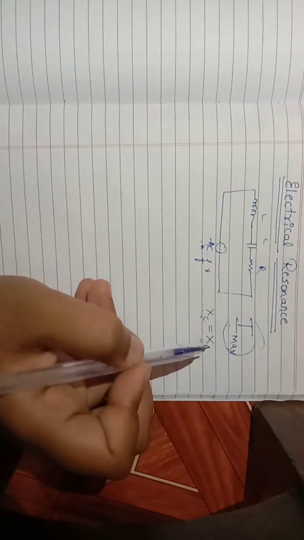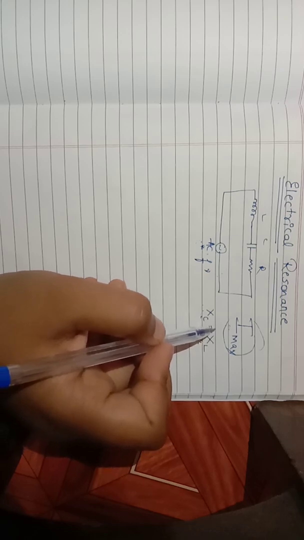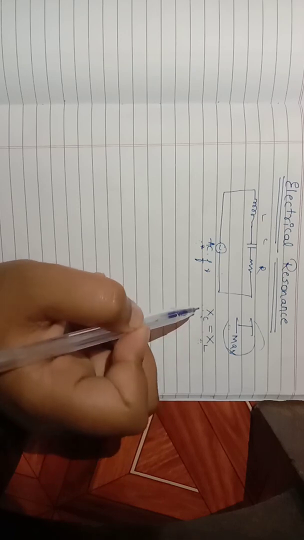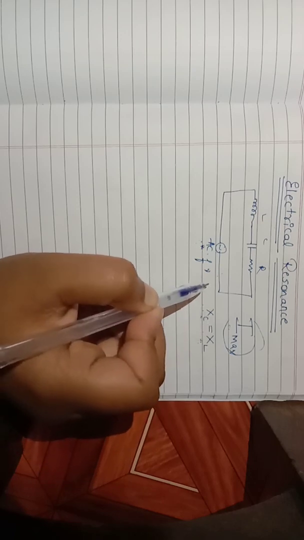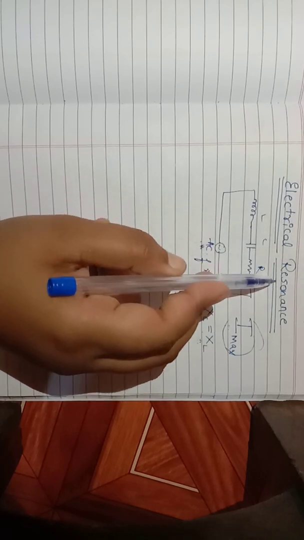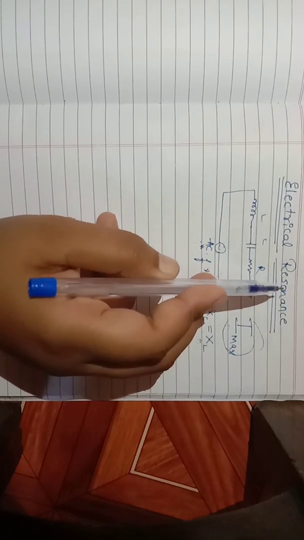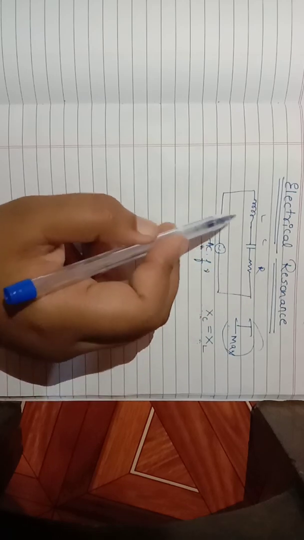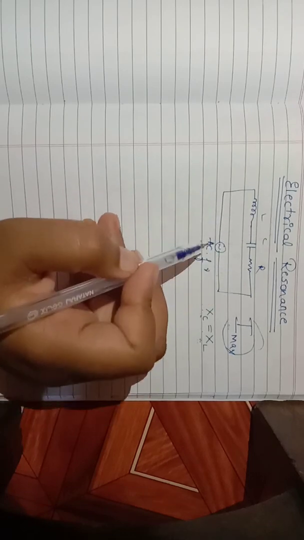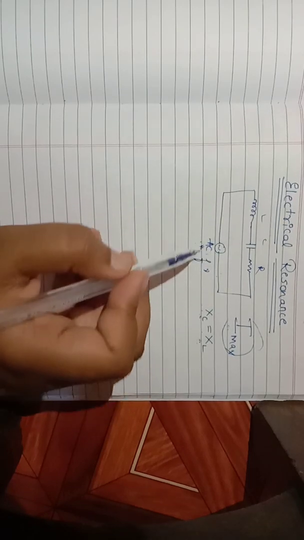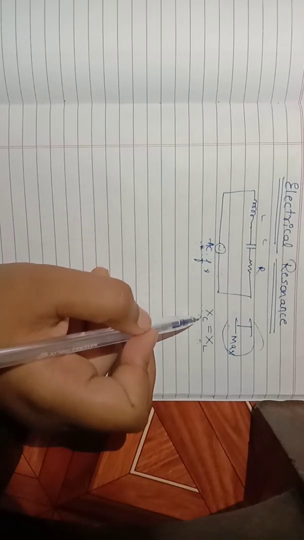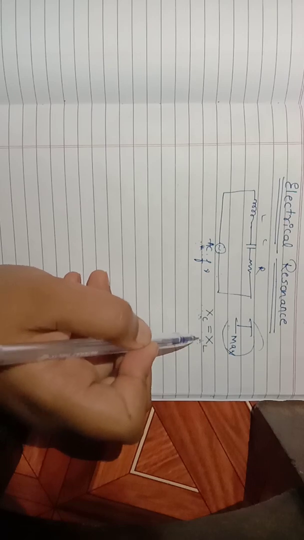Understood? So how can we define electrical resonance in a series LCR circuit? Electrical resonance is said to take place when the circuit allows maximum current for a given frequency of the AC source for which the capacitive reactance becomes equal to the inductive reactance.